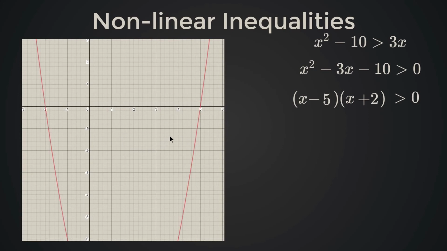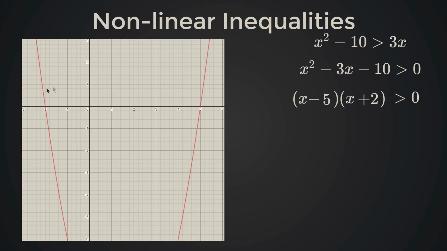This inequality is asking us, for what x values is this graph, x minus 5 times x plus 2, greater than 0? Well, we obviously know that a function's output is 0 at the x-axis. So we can view this as asking for what x values the graph is above the x-axis, since the x-axis is our 0 mark.